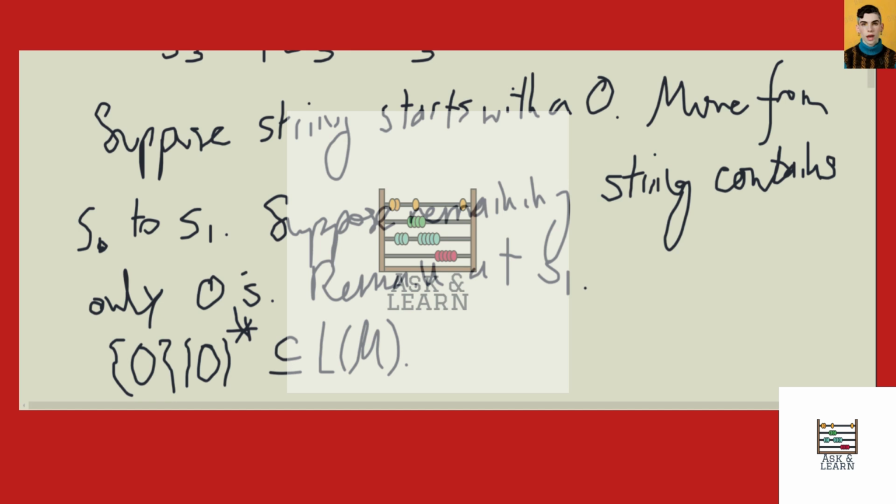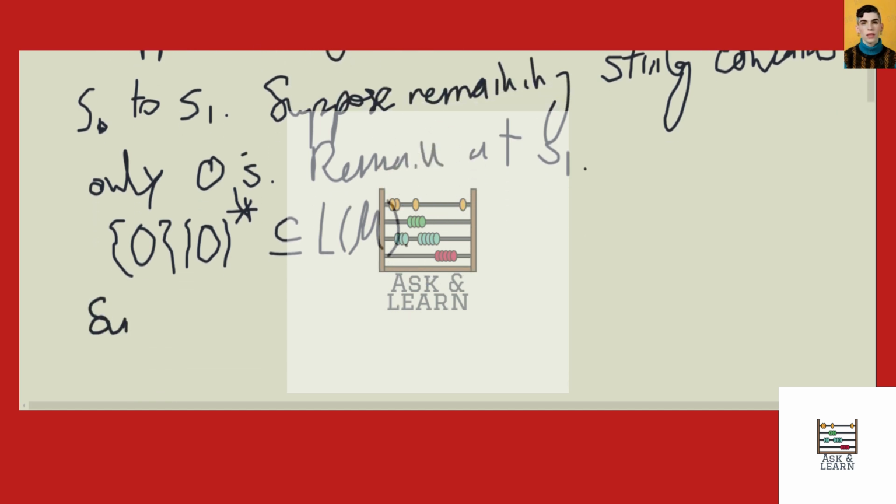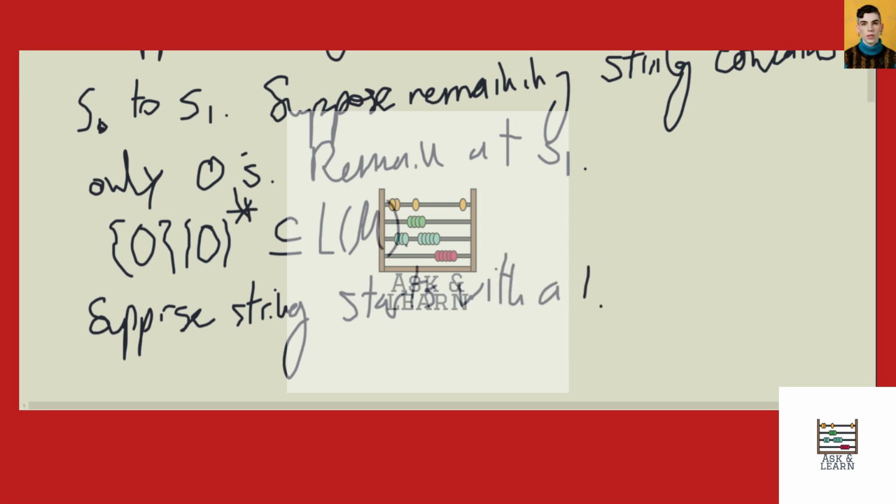Now, for another case, let's suppose the string starts with a 1. Then the table tells us that we remain at state S0. And in fact, we're going to remain at S0 until the first 0.